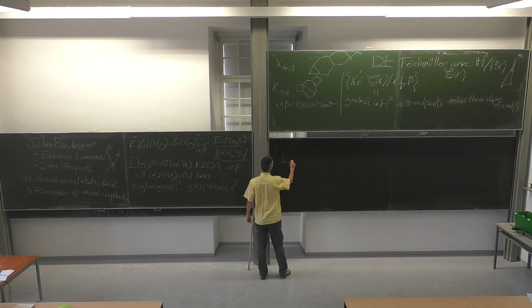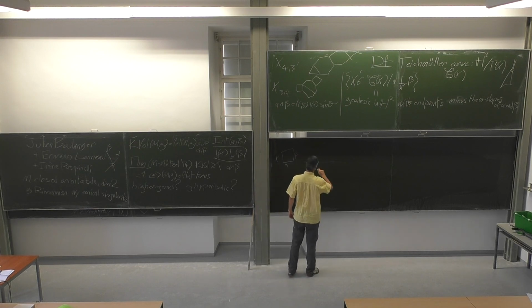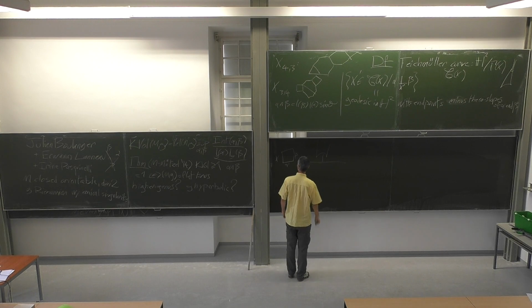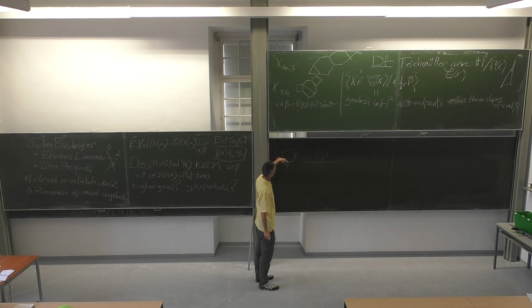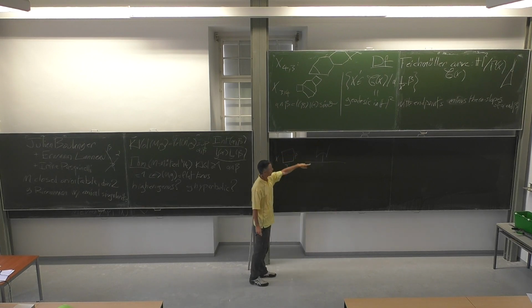So you take this as X, this as alpha, this as beta. You have the fundamental domain for the Veech group, which is this. Alpha is horizontal, so its coslope is infinity, so it's up there. And beta is vertical, so its coslope is 0, so it's there.